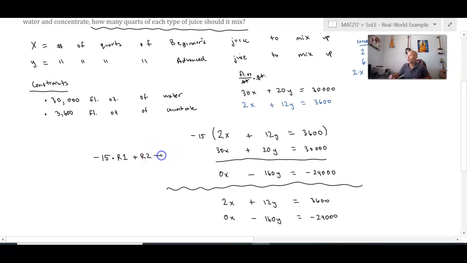Then I'm going to write a little arrow here to say that the only thing that changed was that when this was performed, negative 15 times row 1 was added to row 2, and we replaced row 2 with that result. Right? So here we see that row 2 is the only one that has changed, and that's what this notation stands for. It means we're only changing row 2.